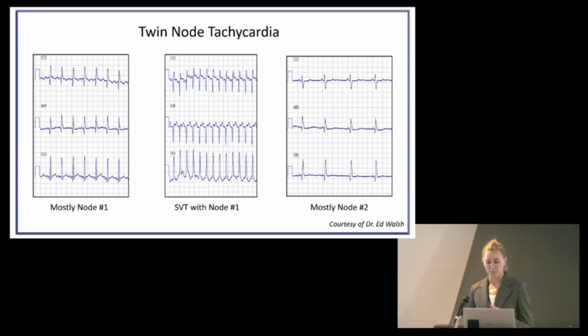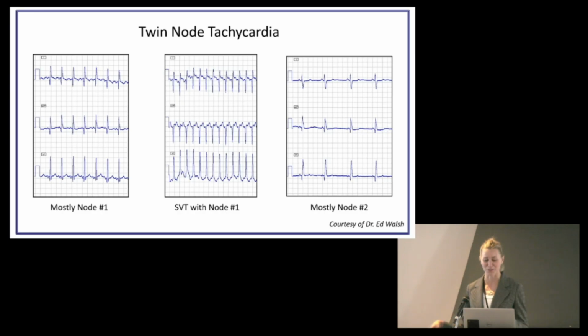This is an example from one of my colleagues, Dr. Ed Walsh, who kindly has this beautiful slide where, in the same patient and the same leads, the panel all the way to the left represents conduction mostly down one node, and you can see a QS pattern, for example, in lead 1. If you look at the panel all the way to the right, you'll see an R wave followed by an S wave, so a totally different pattern of activation.